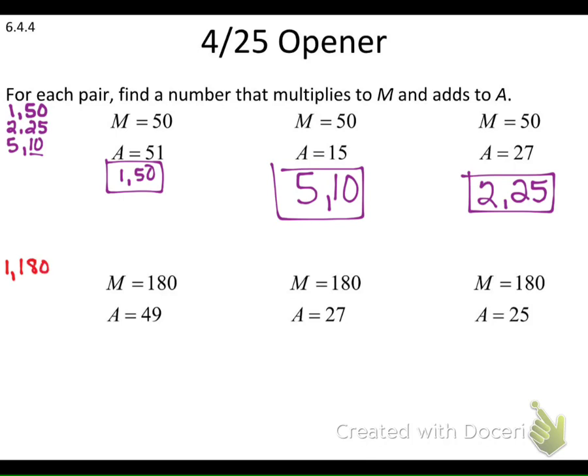Okay, go ahead. 2 and 90. 3 and 60. 4 and 45. 5 and 36. 6 and 30.